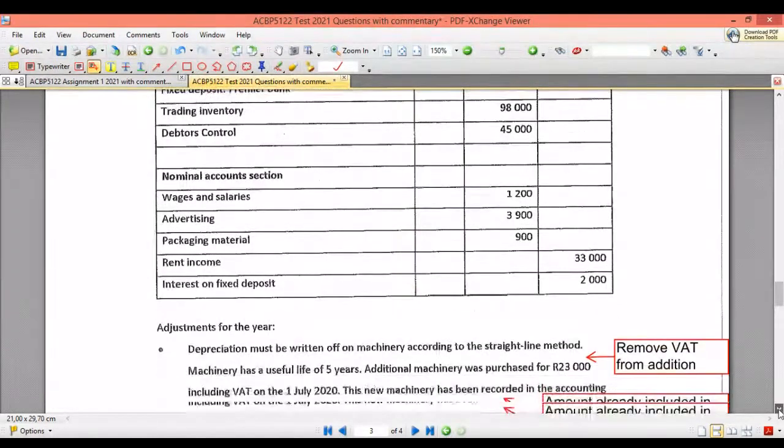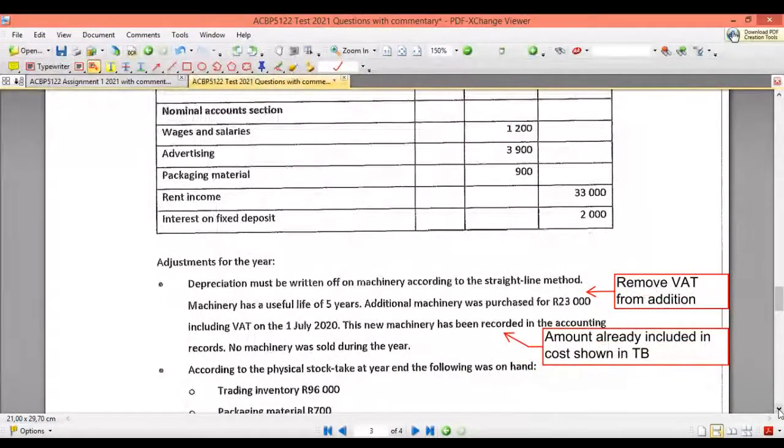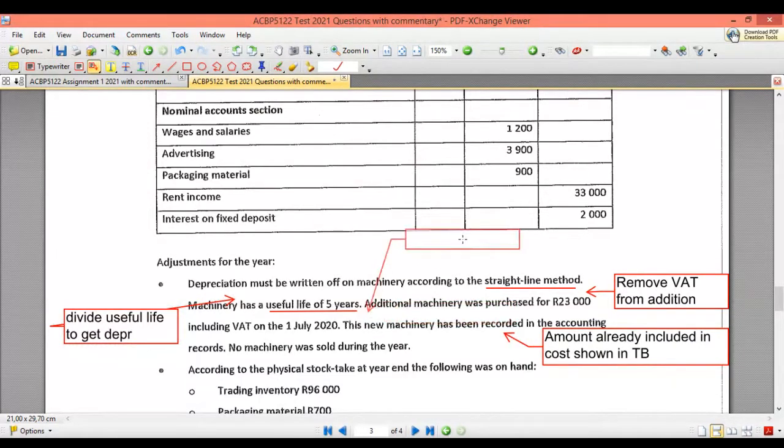Now, if we go through the information, they tell you the first adjustment was the depreciation must be written off for your machinery according to the straight line method. So in this scenario, we've got a straight line method which we've used, and the useful life is 5 years. Now remember, if they give you useful life, you divide the useful life. So I'm just going to say you divide useful life to get depreciation amount, and they tell you additional machinery was purchased.